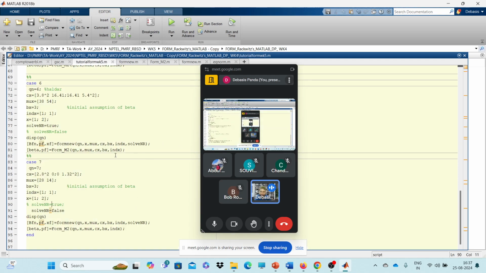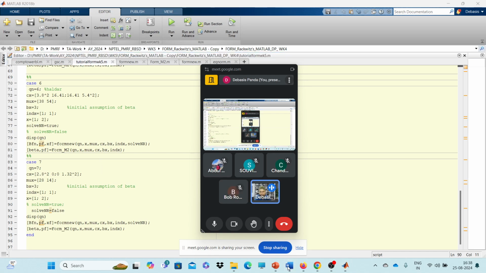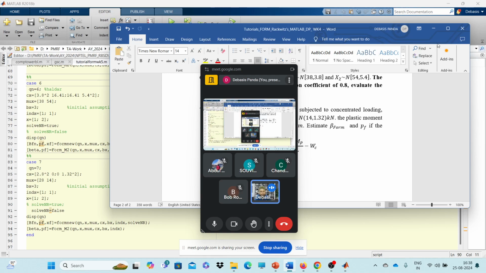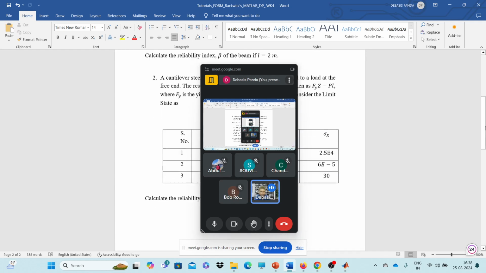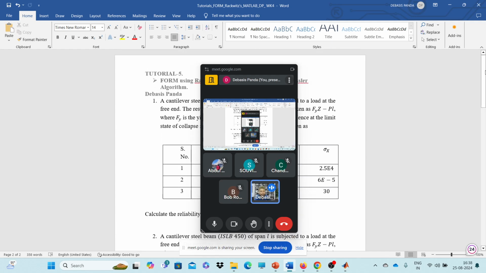Okay, so what I will do, I will upload this function file along with the problem set I have prepared, and here the 7 problems, 1 2 3 4 5 6 7, are as per this doc file. Here the 7 problems are given, whatever we have solved using the Rackwitz and Rackwitz-Fiessler algorithms. So I will upload this as a whole.